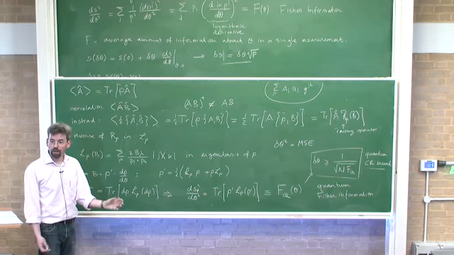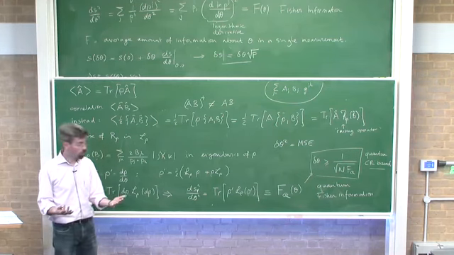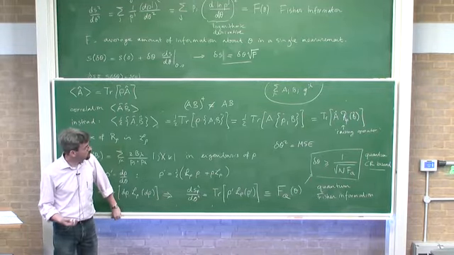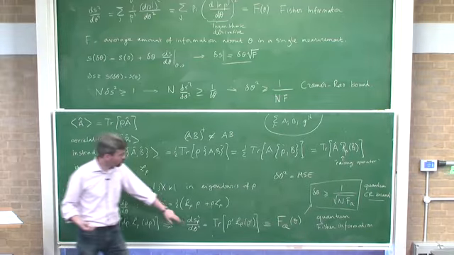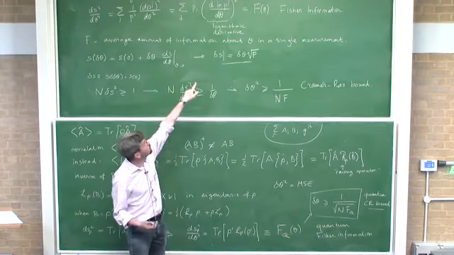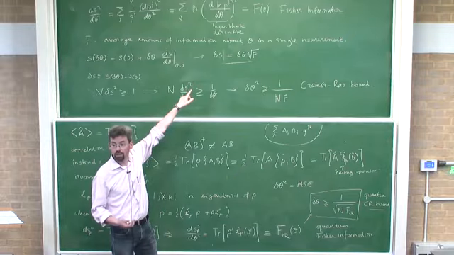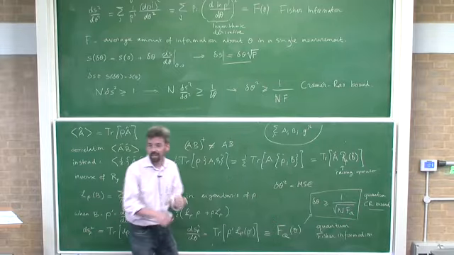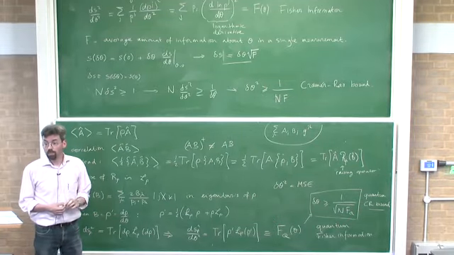So what you can do is optimize the classical Fisher information over all possible measurements, and then you'll find that you get this. What do you optimize?